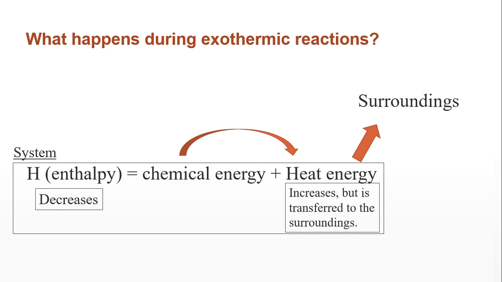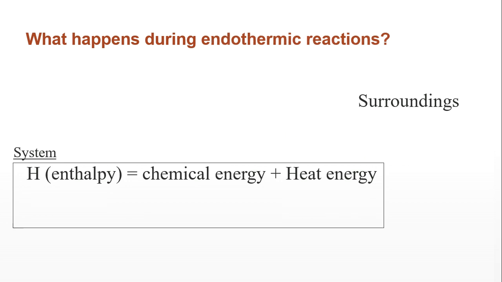If we look at endothermic reactions, then we have to think about that the products will have a higher energy content than the reactants. That energy has to come from somewhere. That comes from the heat energy within the system.